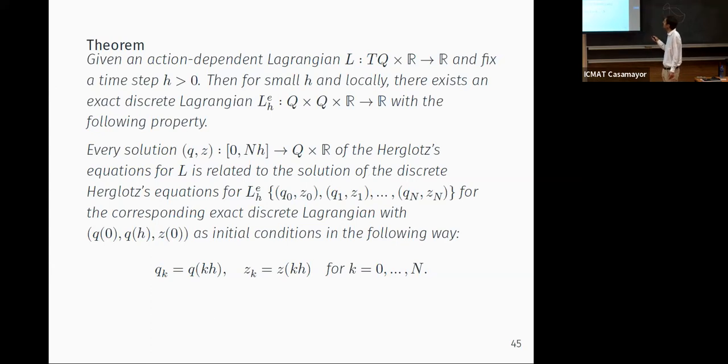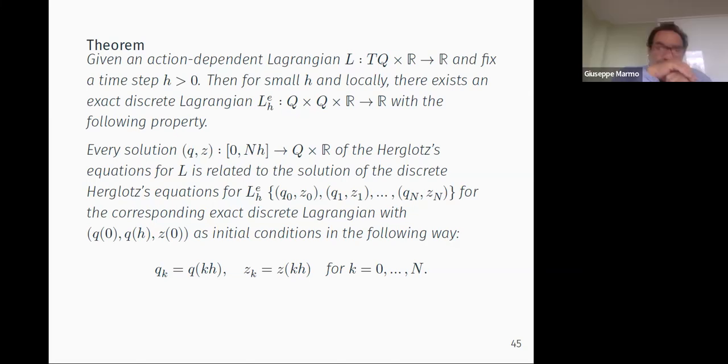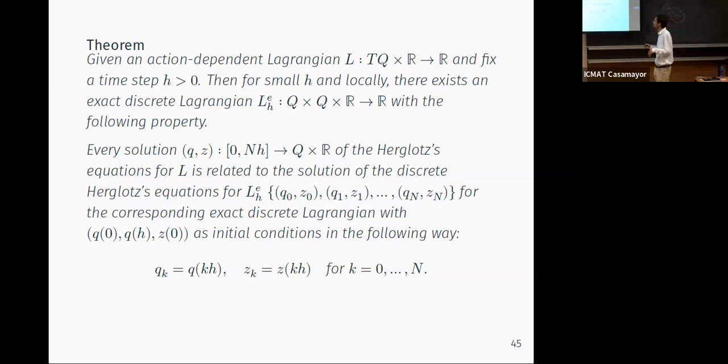If you have an action-dependent Lagrangian, like a normal continuous action-dependent Lagrangian, and you fix a time step which is small enough, and you work locally, then you can construct a discrete Lagrangian which gives you exactly the dynamics of this Lagrangian over here.